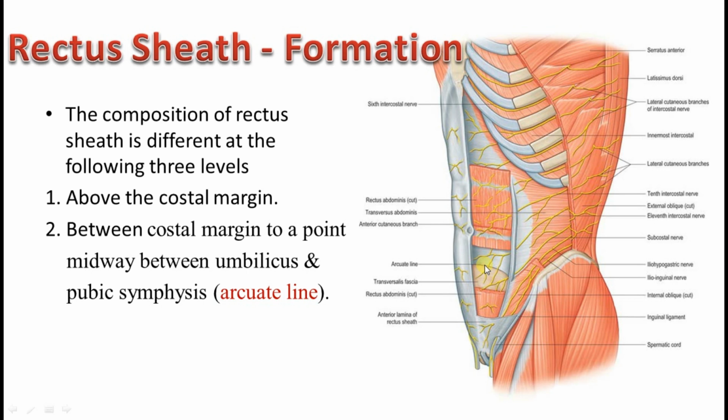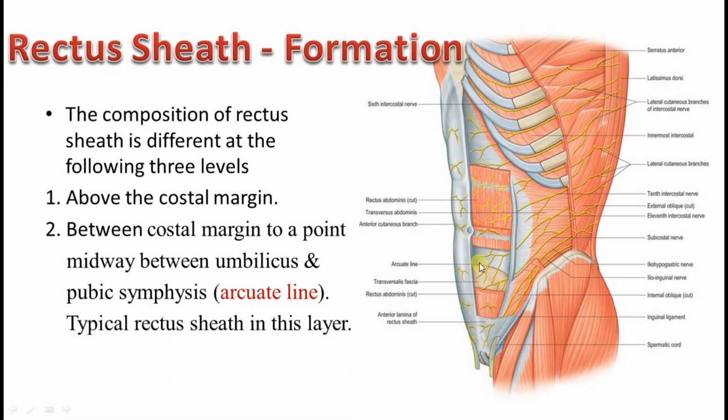Then the composition again differs below the arcuate line. Below the arcuate line, the composition of the rectus sheath differs. The main part of the rectus sheath, the classical part, is from below the costal margin to the arcuate line.